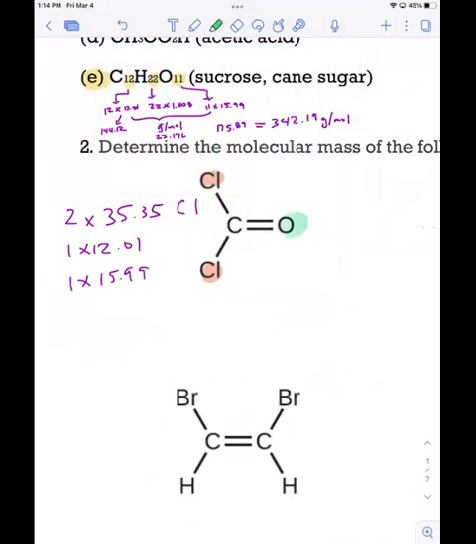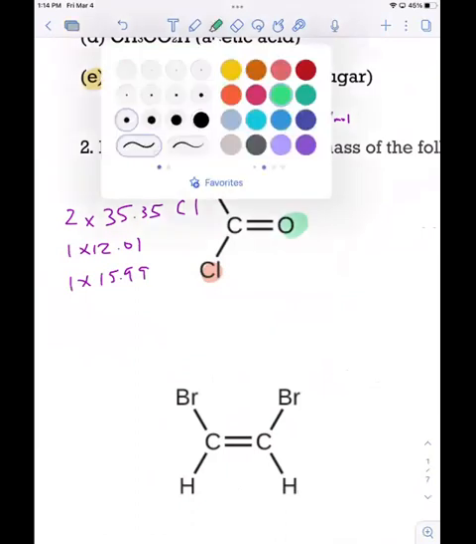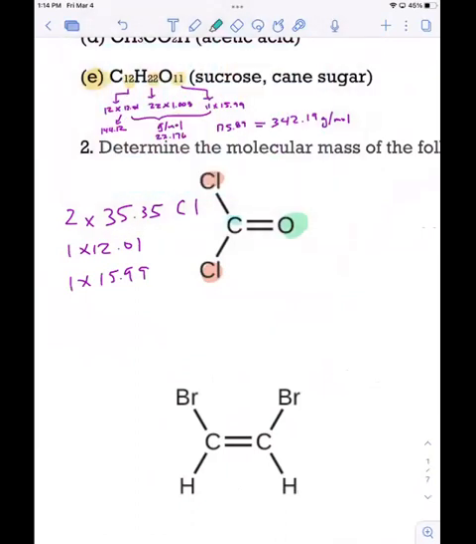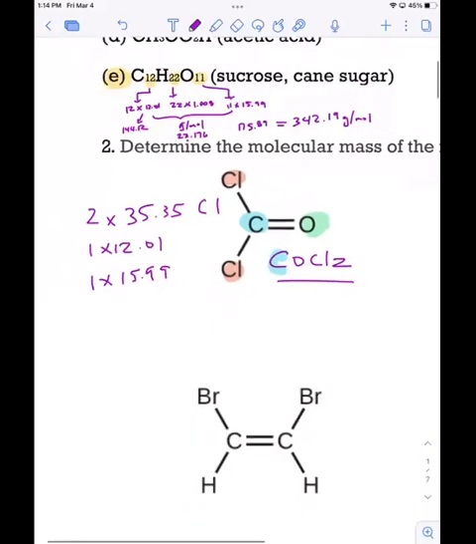So basically we could write this as COCl2, right? So same thing. This is the Lewis form for that molecular formula. So what do we have? 70.70 plus 12.01 plus 15.99.